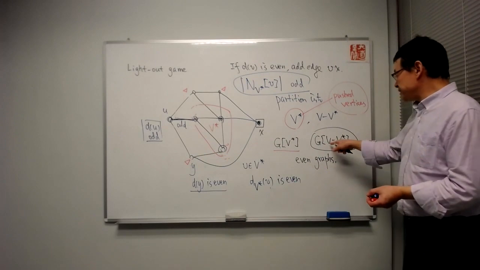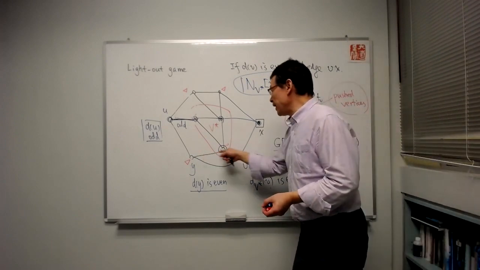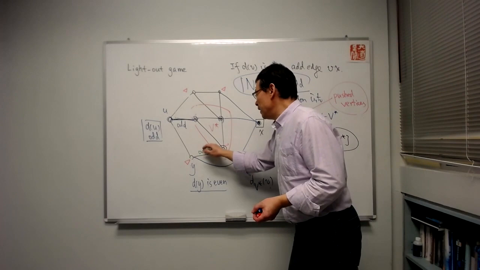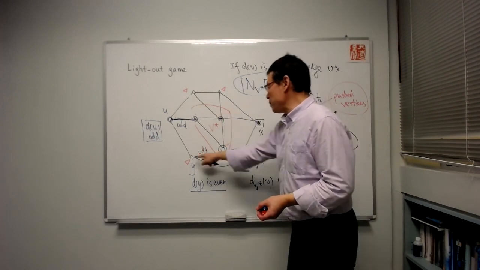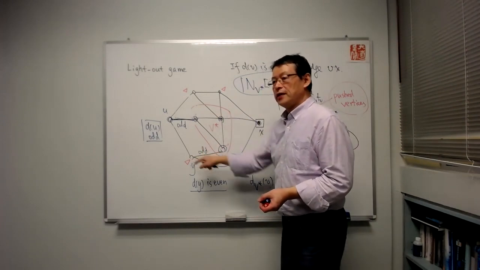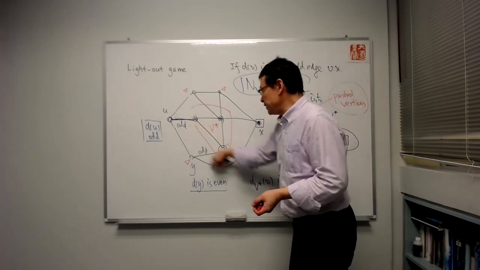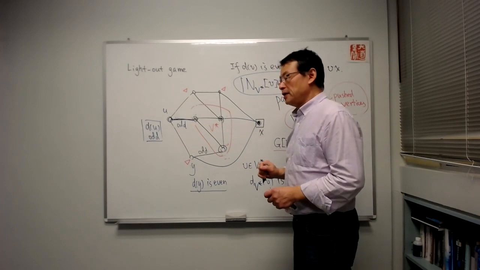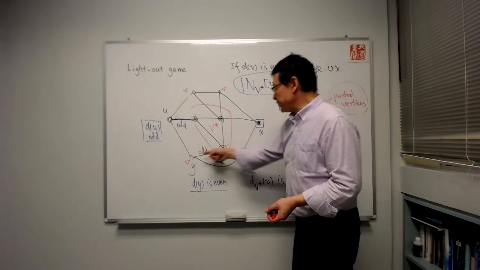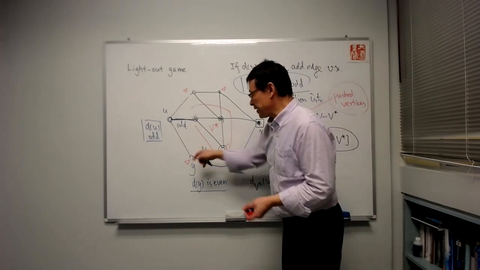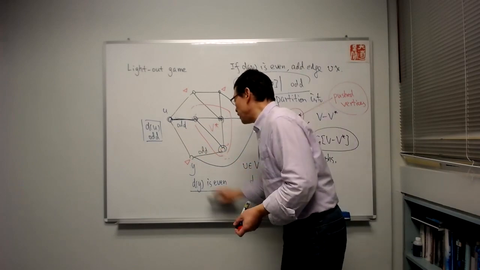So odd minus even means an odd number of vertices inside here will be adjacent to this one, because once we add this edge, the degree becomes odd. This part is even, so this part must be odd. Again, in this particular case, it is one. Once we push this one, the status will change from on to off.